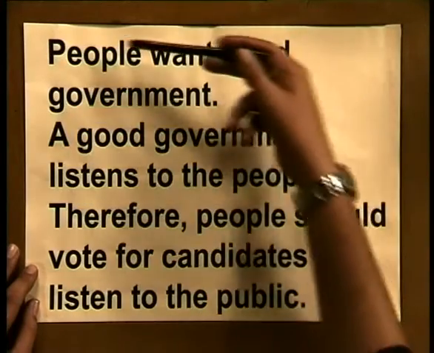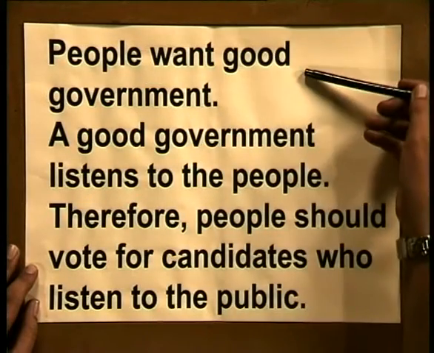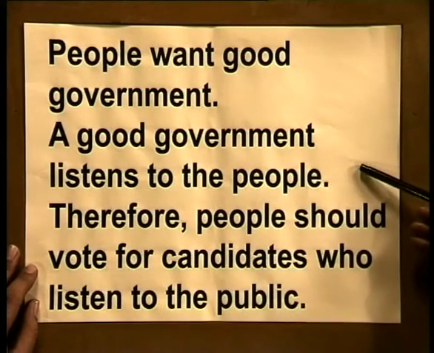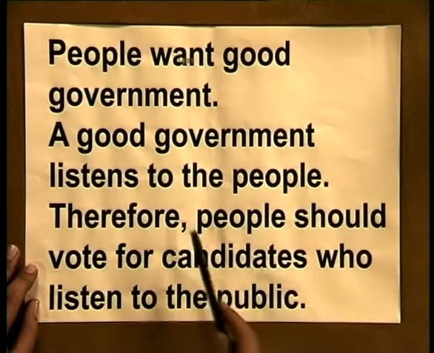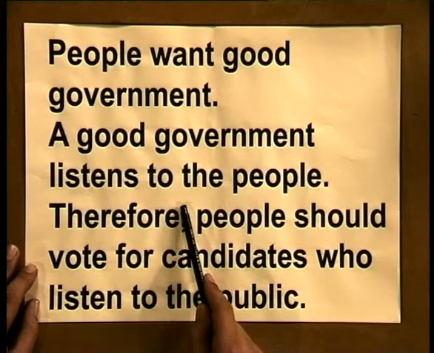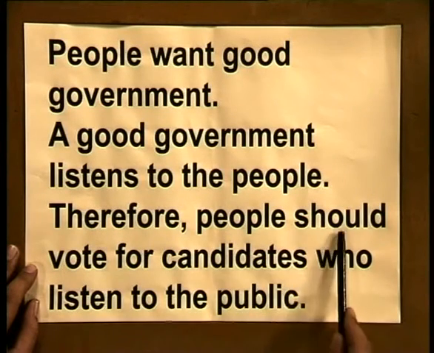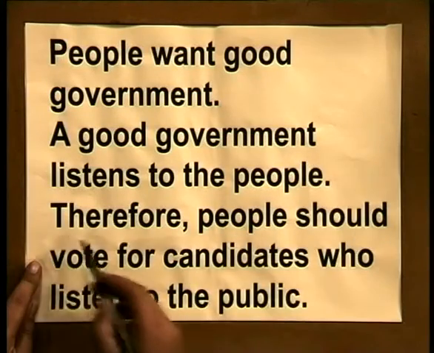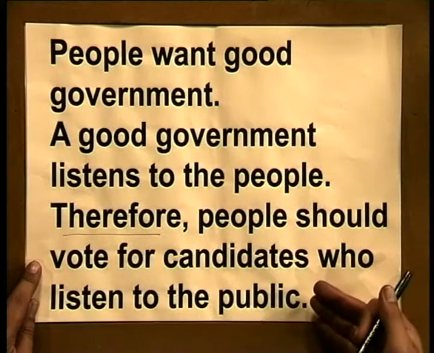Here's one. People want good government, our first claim. A good government listens to the people, our second claim, and then the conclusion, introduced by therefore. Therefore, people should vote for candidates who listen to the public. So you see that what we've done here is given two logical points and then the therefore to conclude the argument.